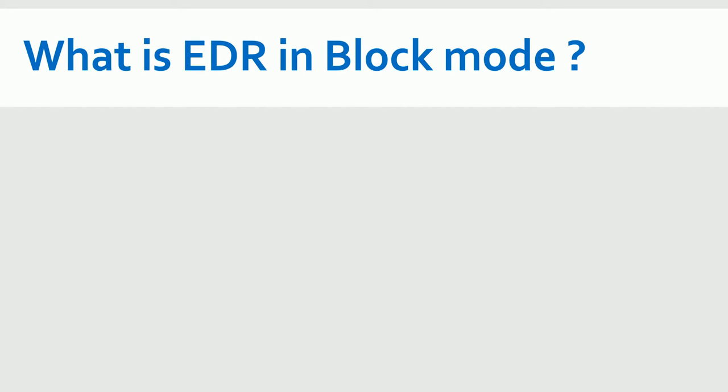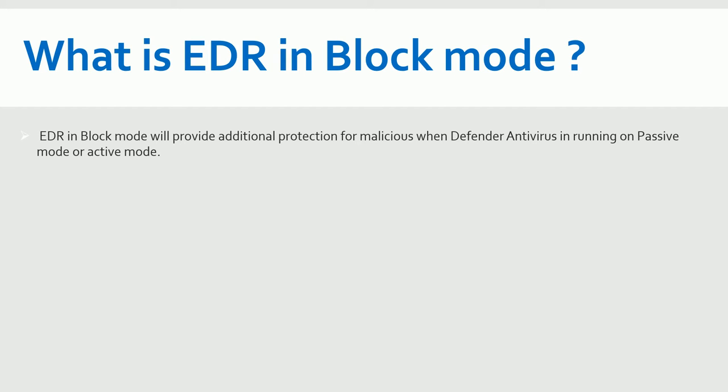Now let's understand how EDR in block mode works. EDR in block mode provides additional protection against malicious activity when Defender antivirus is running in passive mode or in active mode.